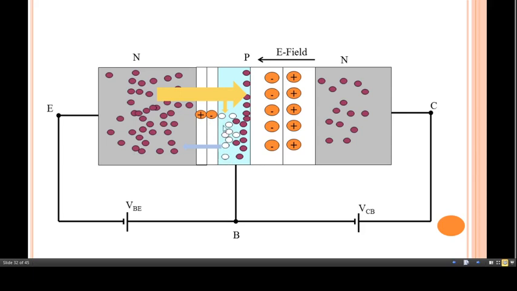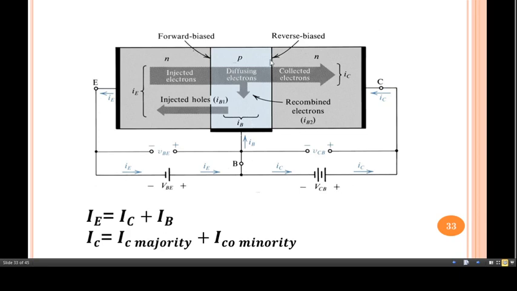Few electrons are recombined with holes and the remaining electrons are moving to the collector region and will get the current. So the emitter terminal is going to inject the electrons into the base region, then few electrons are absorbed in the base region and remaining are going into the collector region. By this way we'll get the current in the BJT.